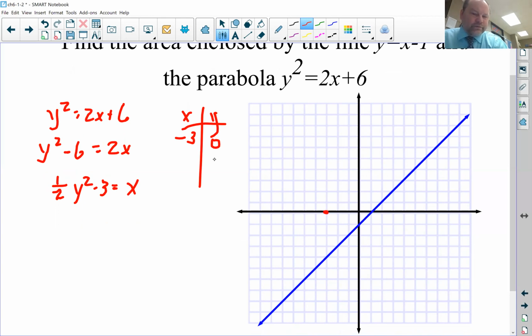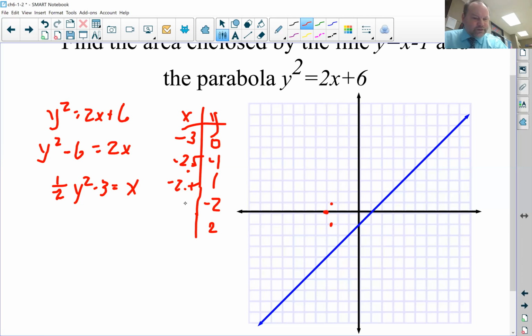You could pick a y of -1. This would be -2.5. And if I pick +1, I'd get -2.5. Pick y of -2 and +2, and that should give us a pretty good picture.